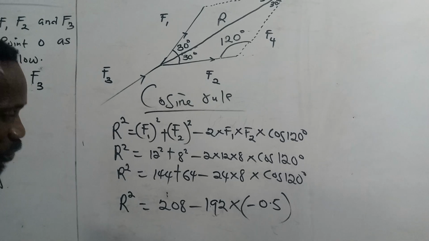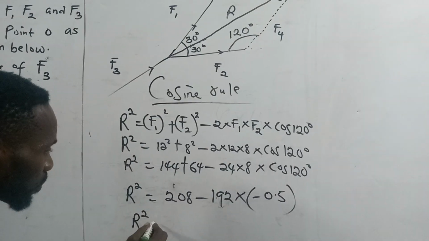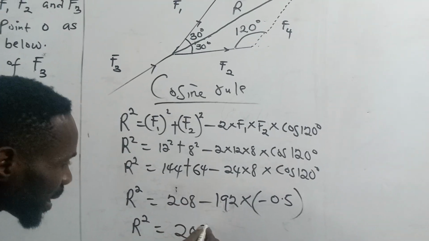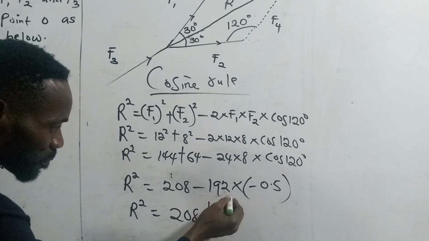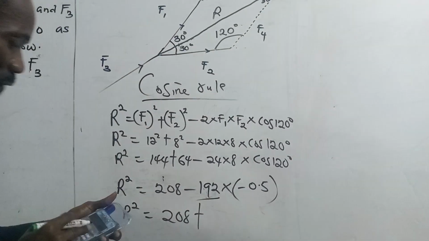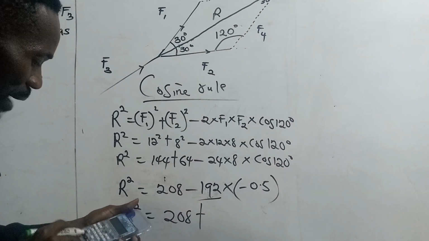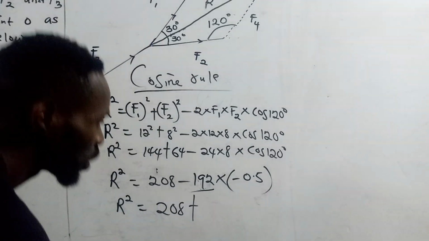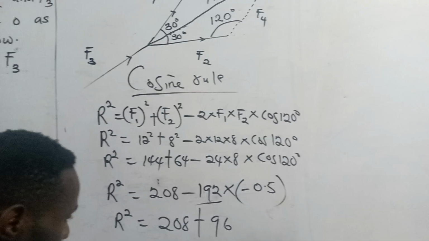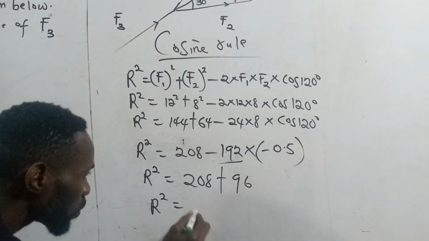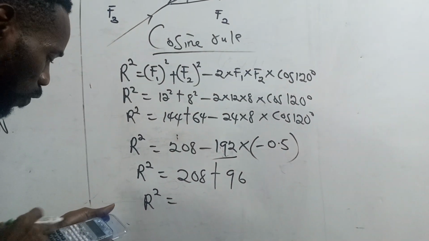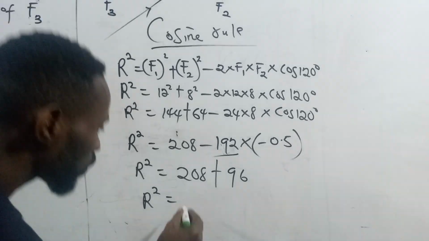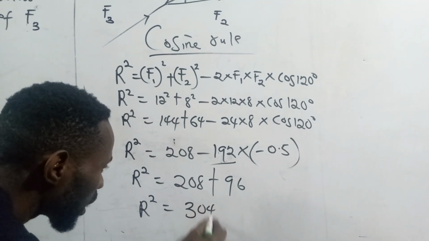So automatically R squared will be equal to 208 plus, because negative minus, 192 times 0.5. Half of 192 is 96. So we have plus 96. R squared will be equal to 96 plus 208, which will give us 304.